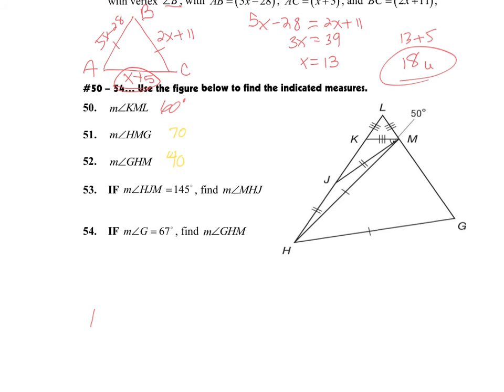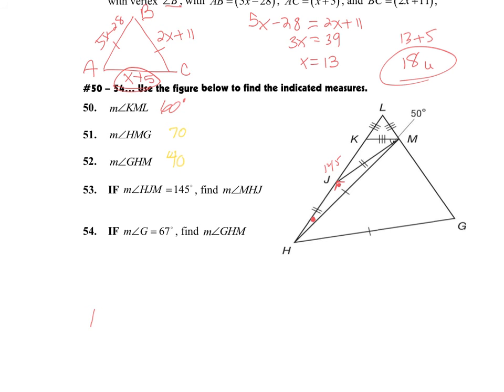It then tells us, after I get all that erased, let's play the if-then game: if the measure of HJM, so HJM, this right here, is 145, we need to find MHJ, which is this angle right here. And so what we would see is that angle J right here is the vertex angle of an isosceles triangle.